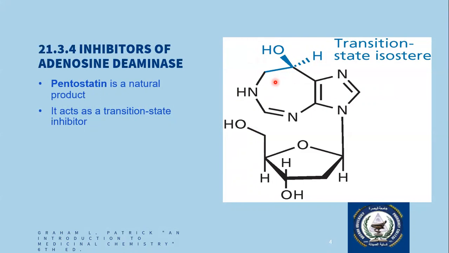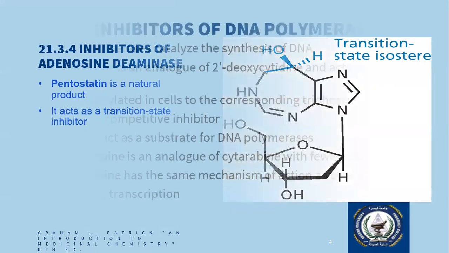And the tetrahedral intermediate only forms as a transition state between the reactant, which is the adenosine, and the product, which is the inosine. That is why we call this a transition state inhibitor or a transition state isostere, because it resembles the tetrahedral intermediate at the transition state.